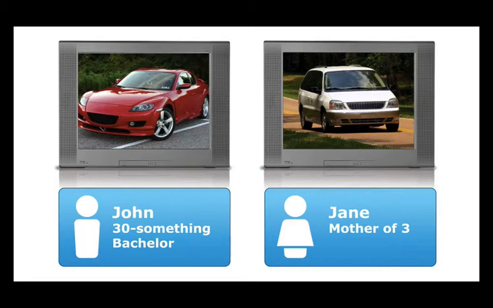The one on the left may be more appropriate for John, the 30-something bachelor, versus the one on the right for Jane, the mother of three. And if I am running ads to a big, broad marketplace without thinking through my targeting, I'm missing out on the opportunity to show my ad to the right person and have a really refined advertising spend, ensuring that my ads are being seen by the right person.